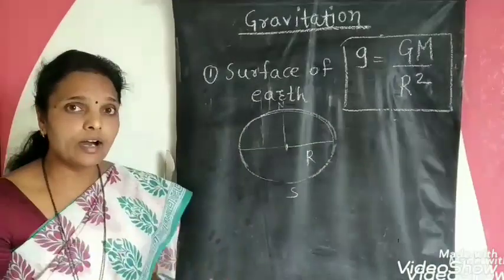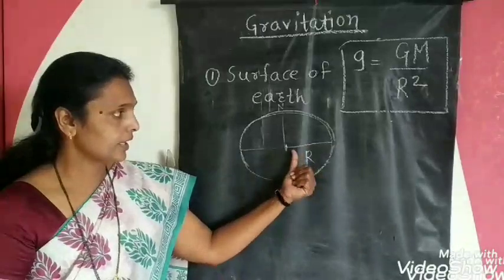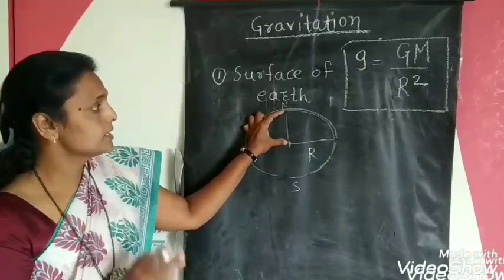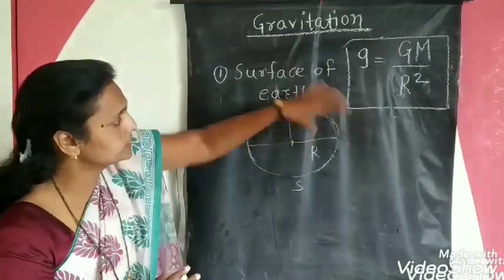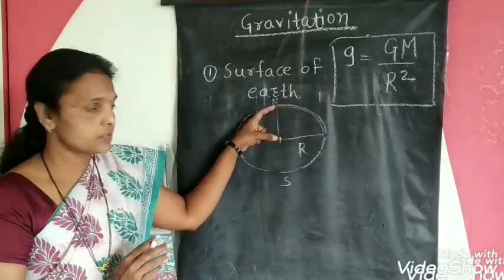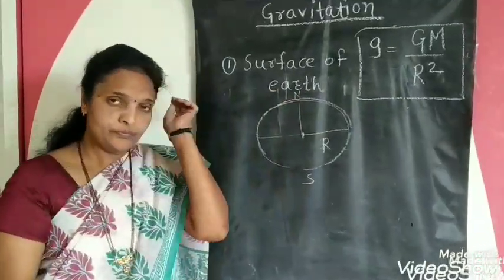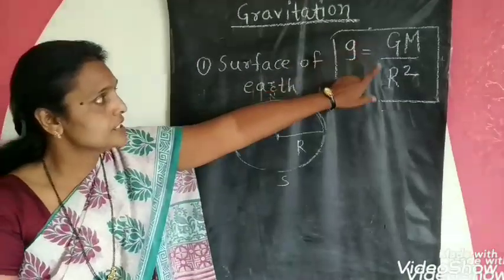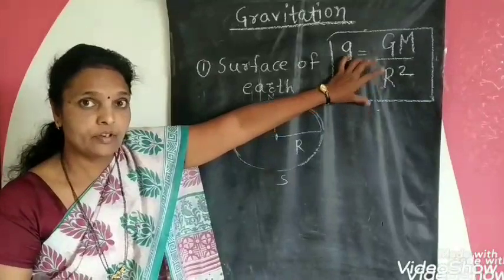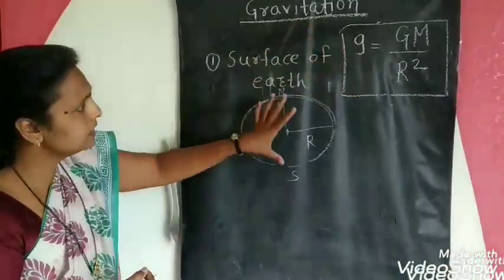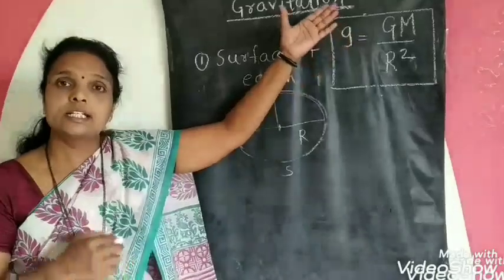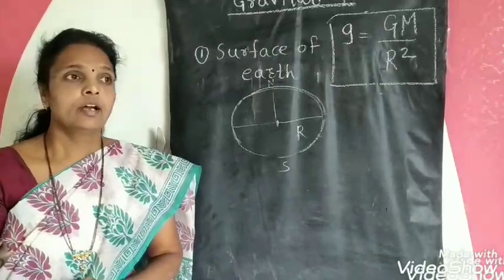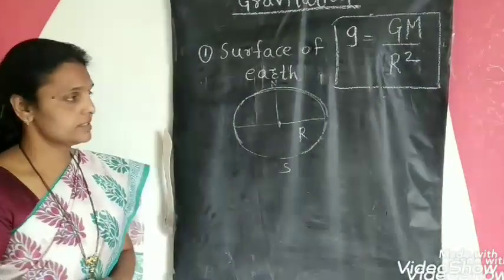So the value of R is more at the equator and less at the north and south pole. From this we can say that at the equator the value of g is less, and at the pole the value of g increases because R is small. So there is also one type of difference.